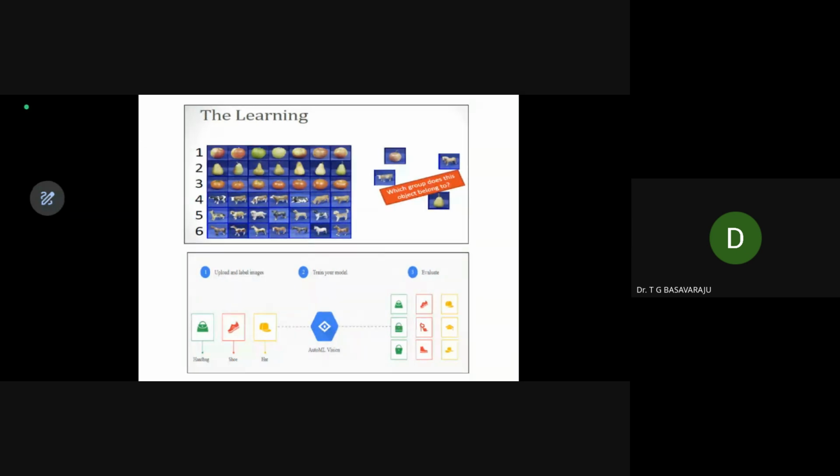Like you can have a discrimination between the different types of handbags, shoes, and caps. So why all this is required is that data is playing a major role nowadays. Whatever you speak, your mobile will start giving you advertisements related to that. I hope all of you would have gone through that experience, right?